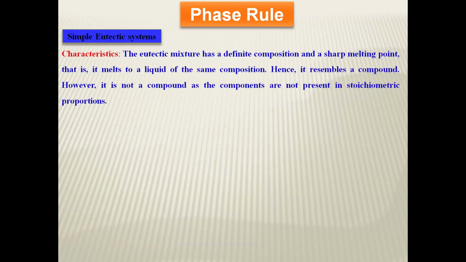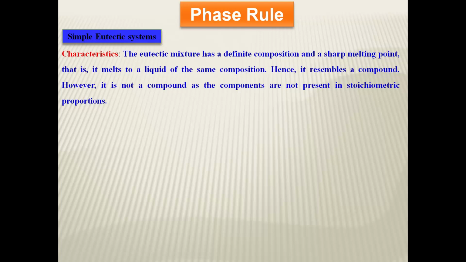Now, very important, the characteristic of simple eutectic systems is majorly that the eutectic mixture has a definite composition and a sharp melting point. That is, if you are combining two components A and B, there will be a definite ratio of A and B in which they combine that corresponds to a sharp melting point.